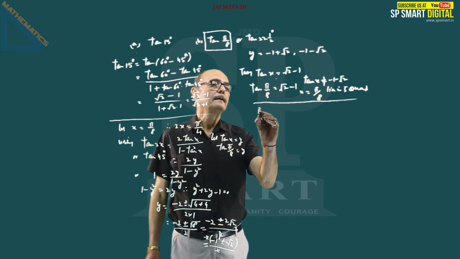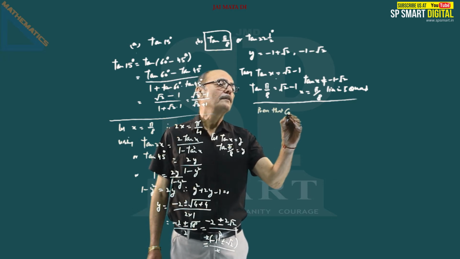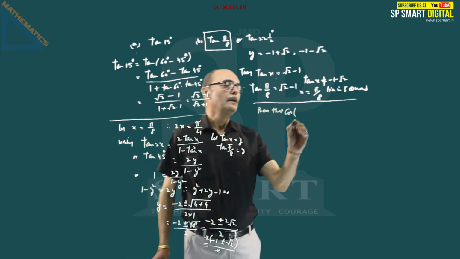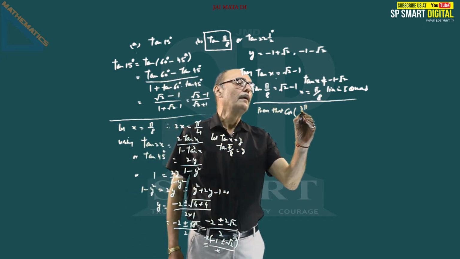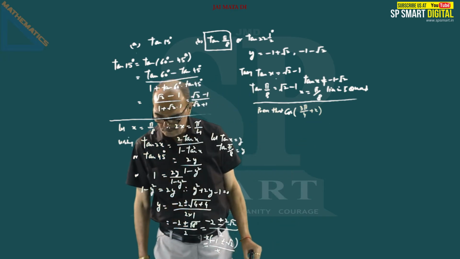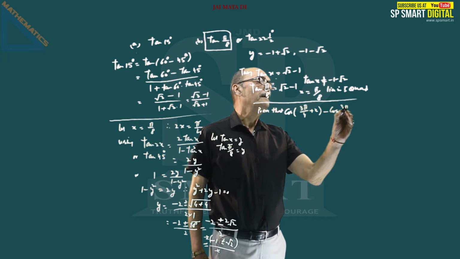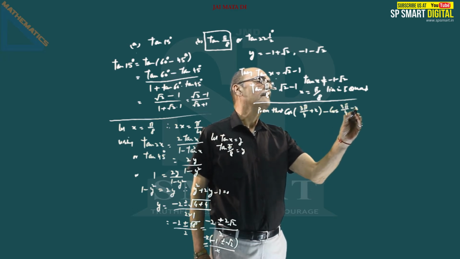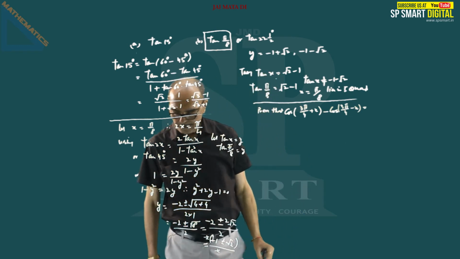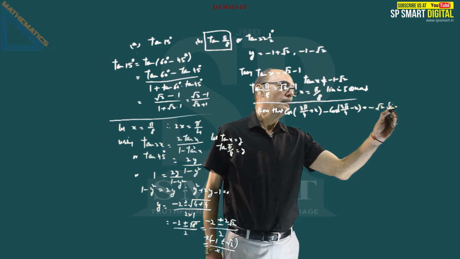This is proof that cos of 3 pi by 4 plus x minus cos of 3 pi by 4 minus x equals minus root 2 sine of x.